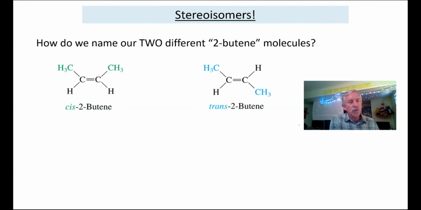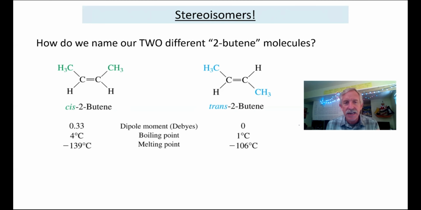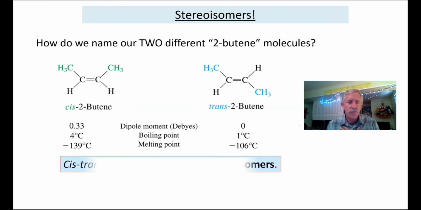As soon as you break the bonds, move them, and switch them to create the two methyls on opposite sides, this would now be known as trans 2-butene. So you're going to hear this terminology. And again, these two molecules are completely different in everything they do because I can't freely rotate them. The cis 2-butene has different melting points and different boiling points than the trans 2-butene.